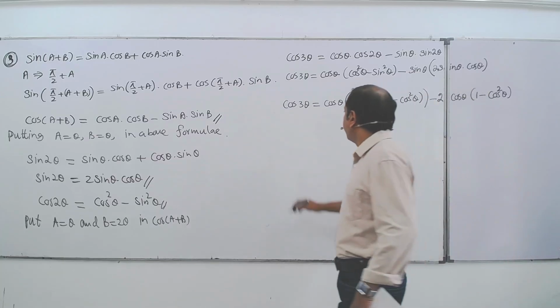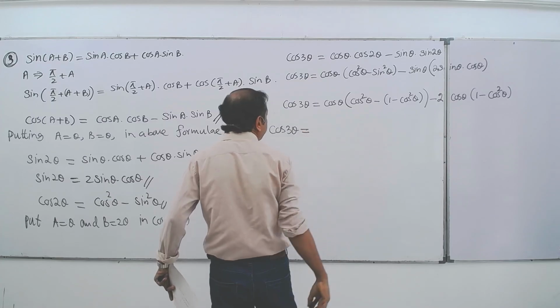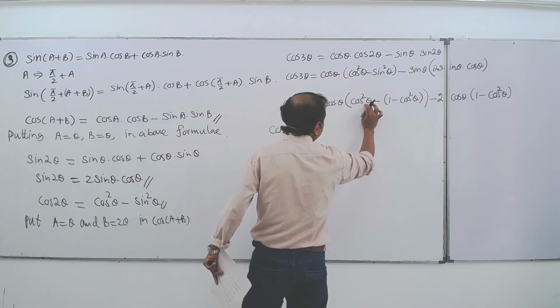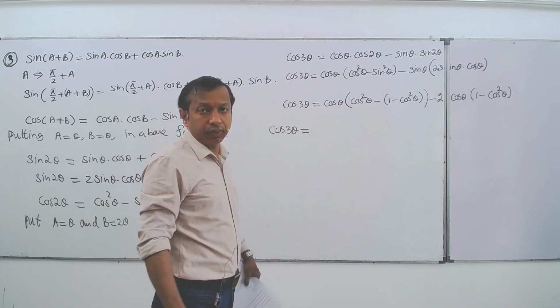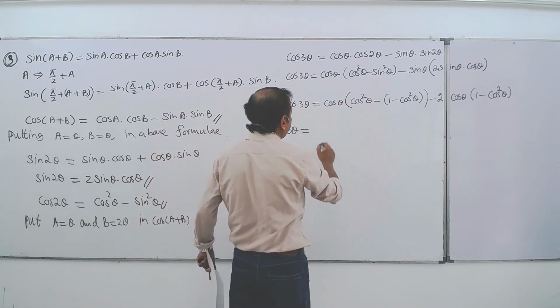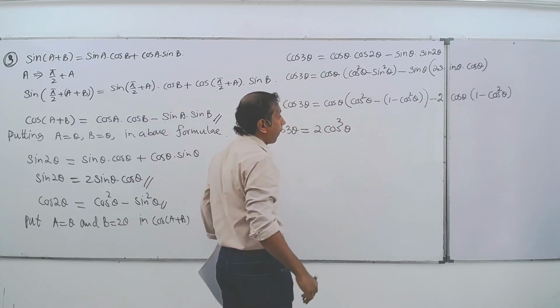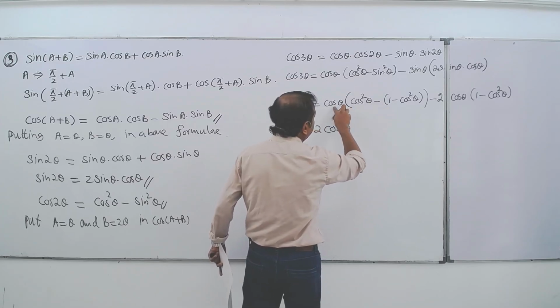Now cos 3 theta we can write here minus and minus plus cos square theta plus cos square theta, 2 cos square theta, that we multiply with this cos theta, 2 cos cube theta. And now here we get minus 1 with this cos theta, minus cos theta.